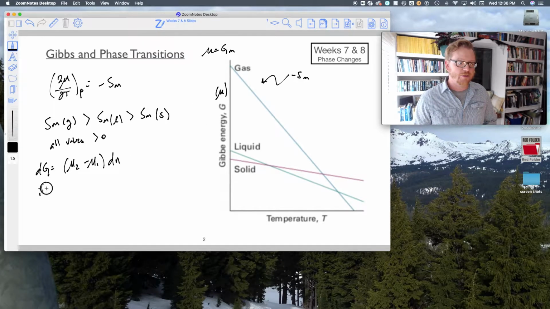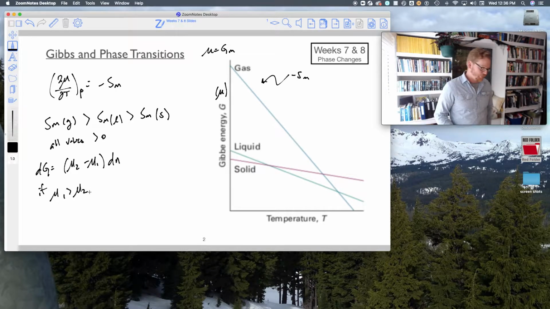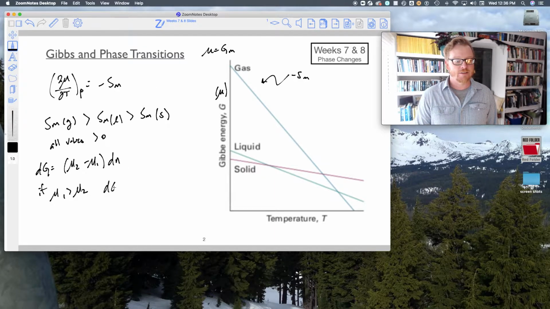So if mu1 is greater than mu2, what happens? Well, if that's the case, then dG is less than 0, and we know that's spontaneous. Awesome.